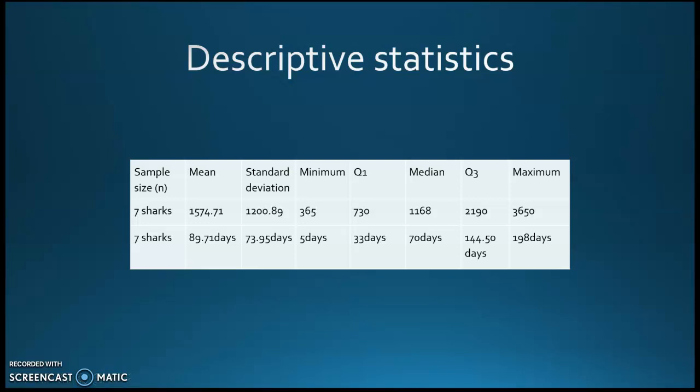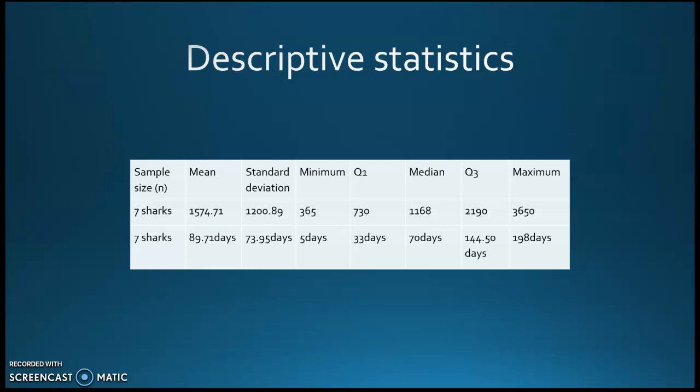So for some of my descriptive statistics, I only ended up with a sample size of 7 sharks. This was due to the fact that a lot of data on great white sharks in captivity is relative as far as time goes. The charts that I used to collect my data had rough numbers, so like roughly a day or roughly 5 days.